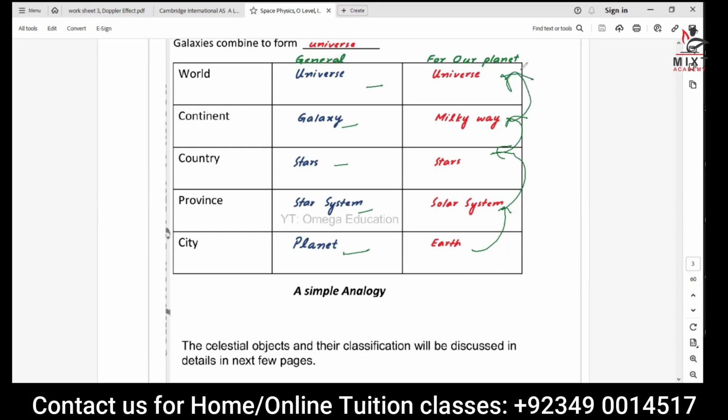As it is believed, there is not only one universe; there is more than one universe. These are the theories given by Stephen Hawking in this century.